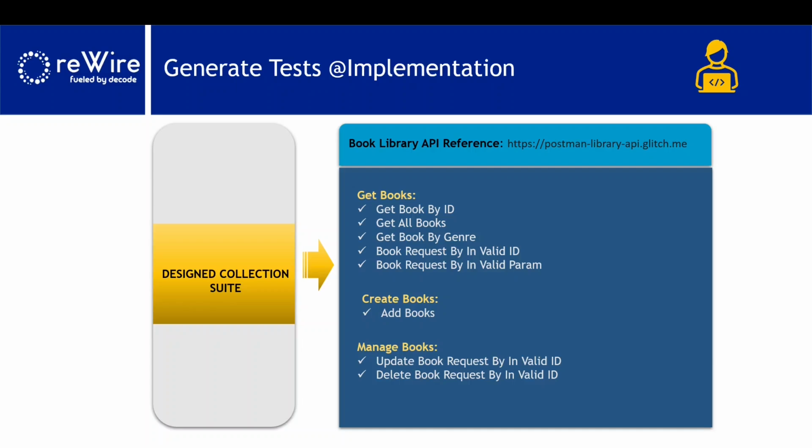So the same we have taken, and I've just given a few requests to understand what scripts Postbot is going to generate, with positive and negative cases. In manage books I have intentionally given invalid IDs, so that we can make an assertion on whether the error that the API gives is correct or not.